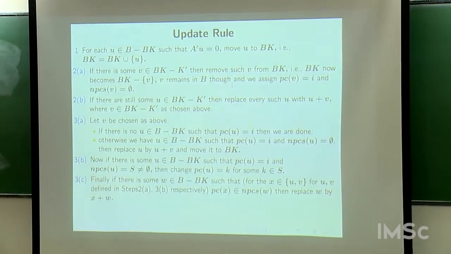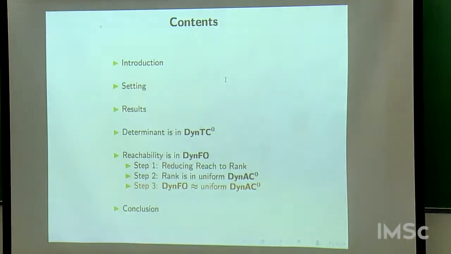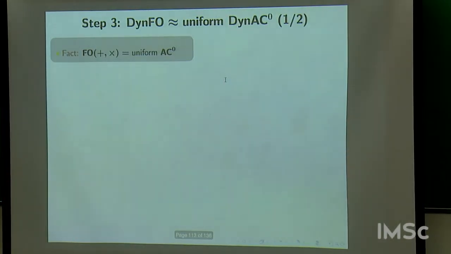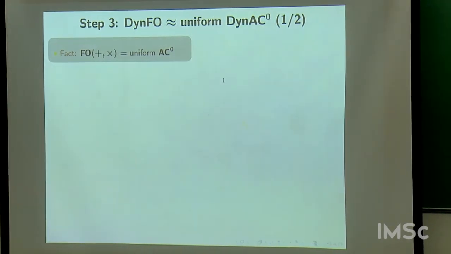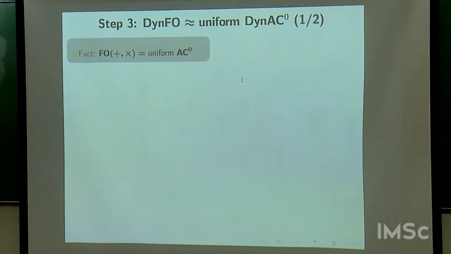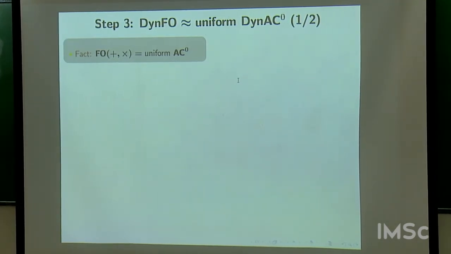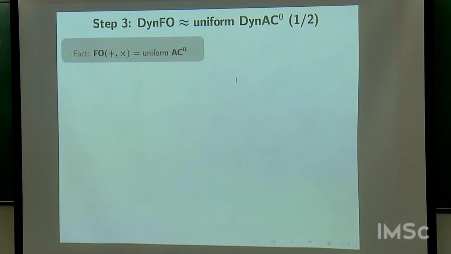Okay, so now from Dyn-AC0 to Dyn-first-order, that is the question, and that requires some amount of logic, or the logical framework. It's well known that first order with plus and multiplication is uniform AC0.